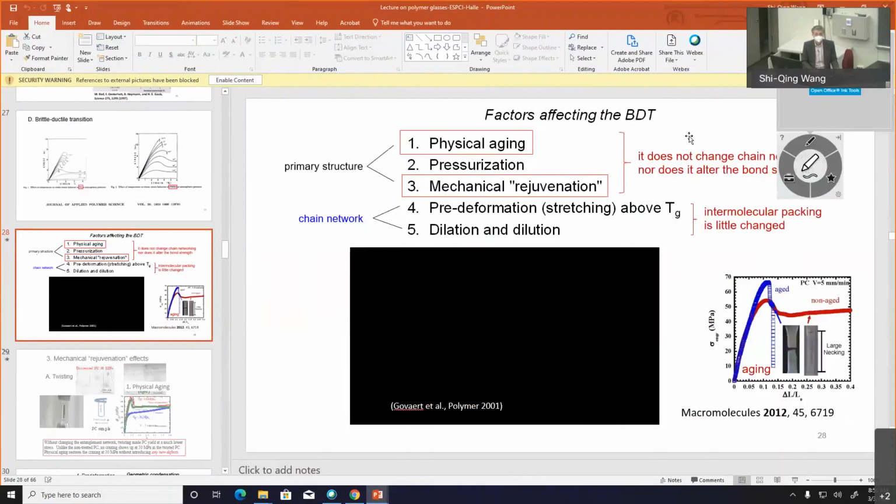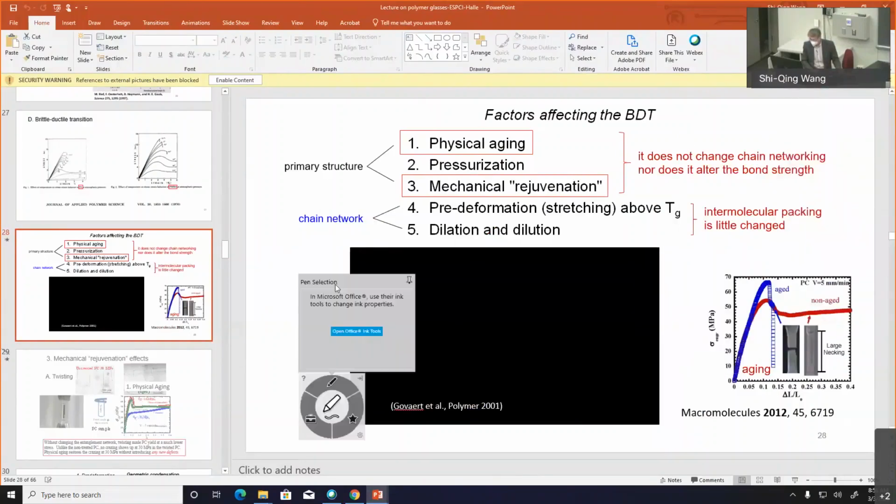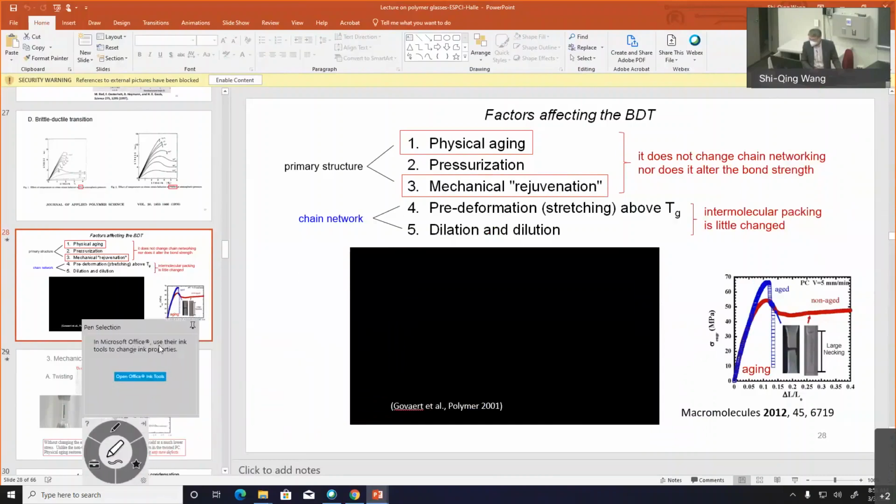Okay. So just take this as very useful information. I listed 5 factors that influence this brittle-ductile transition. In other words, with these 5 factors, I can turn my polymer from brittle to ductile or vice versa.